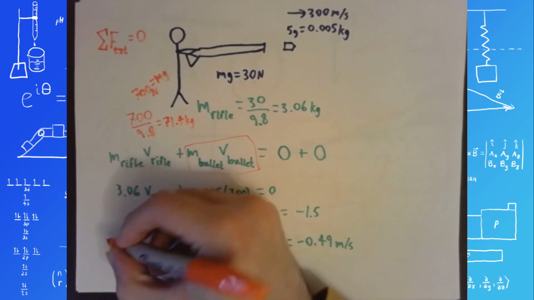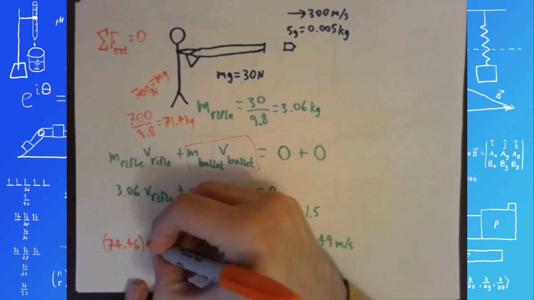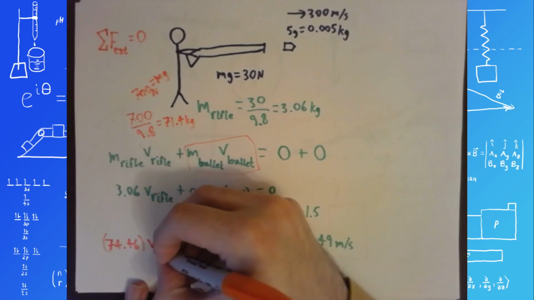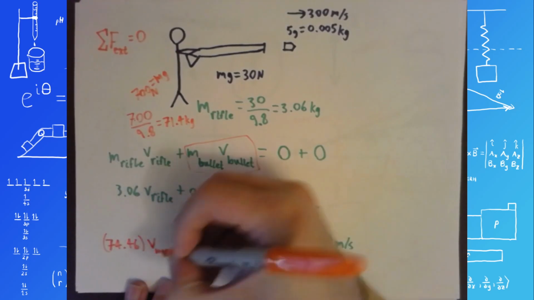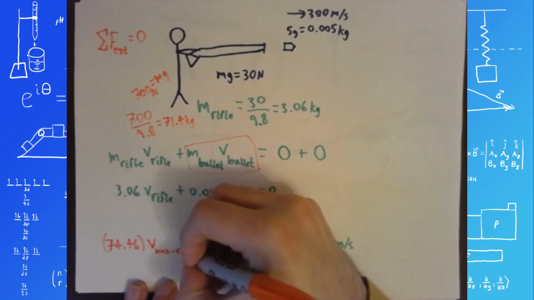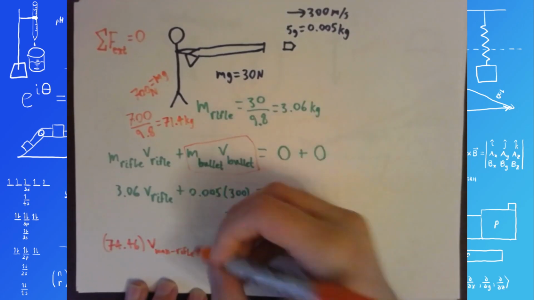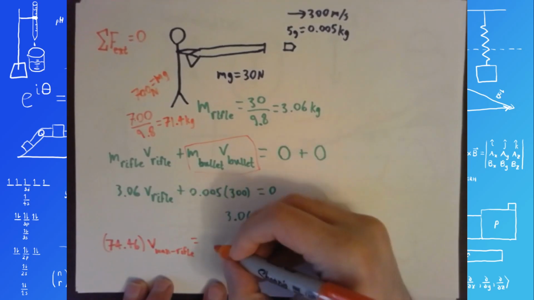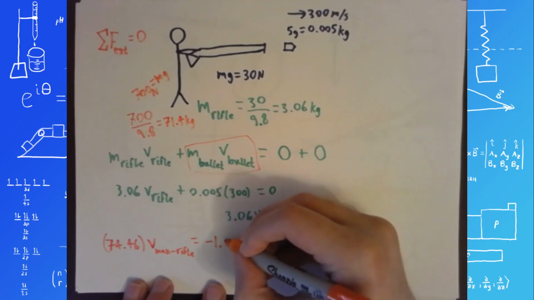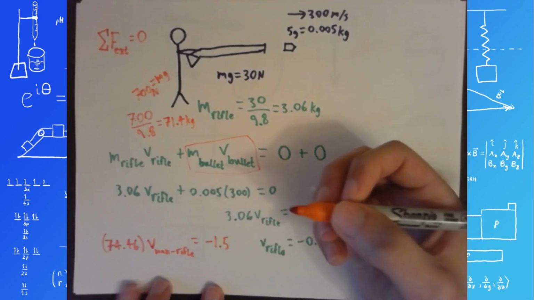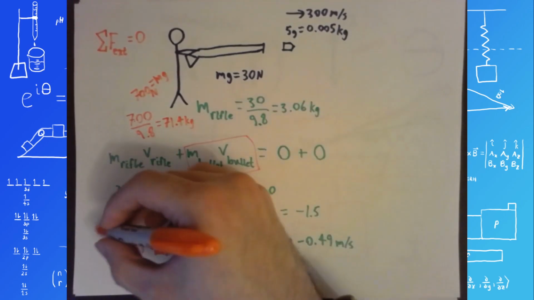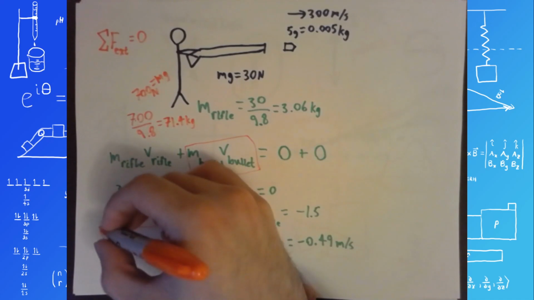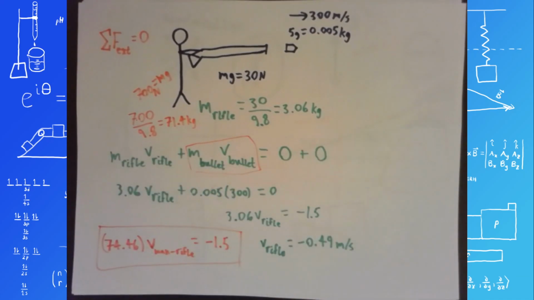74.46 is the mass of the man and rifle times the velocity of the man and rifle equals the negative 1.5 that we got from M bullet V bullet the last time around. And the rest plays out pretty much the same. Just divide and we're all but done.